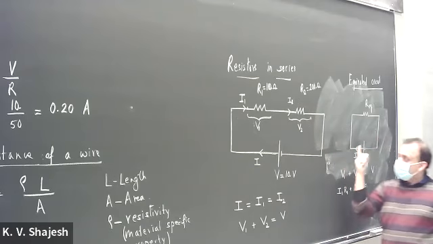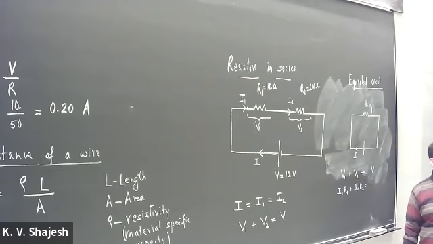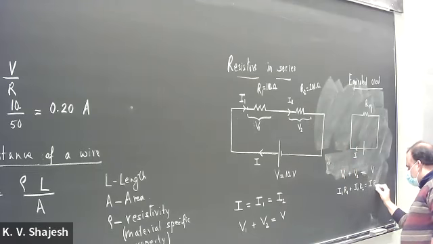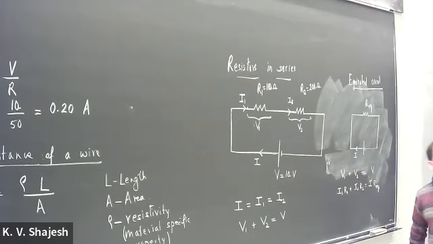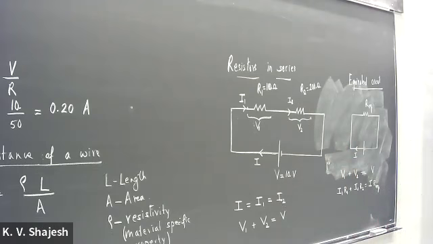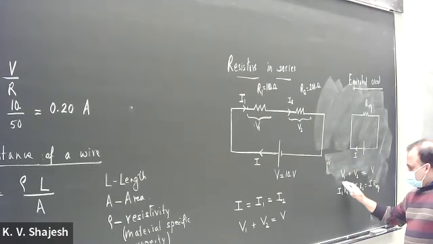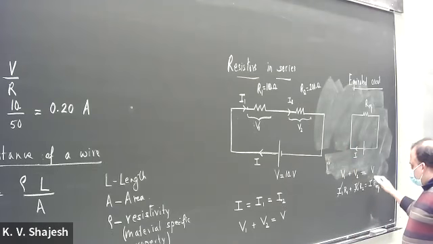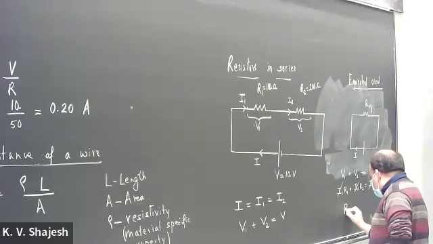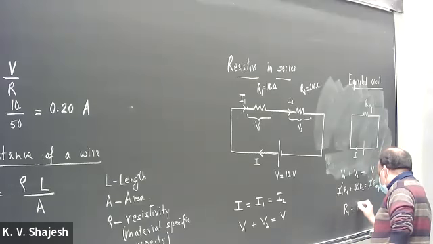This full circuit is equivalent to a single resistor. That means V is I times R equivalent. If we use the fact that I1 is equal to I2 is equal to I, these cancel out, and you learn that R equivalent is the sum of the individual resistors.